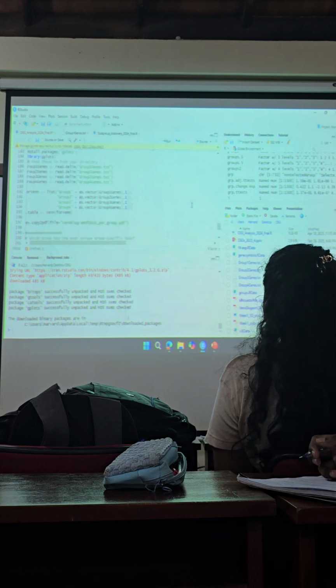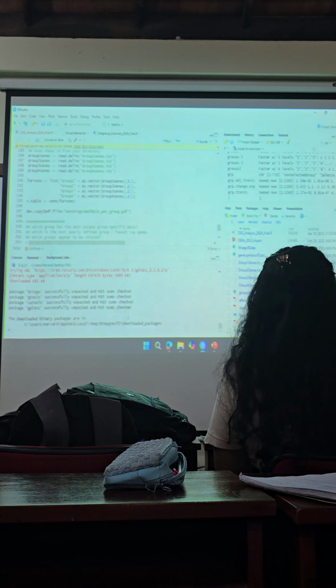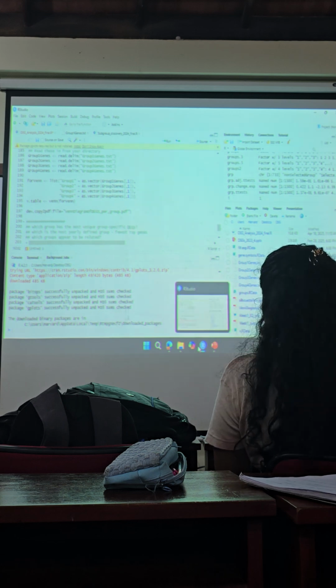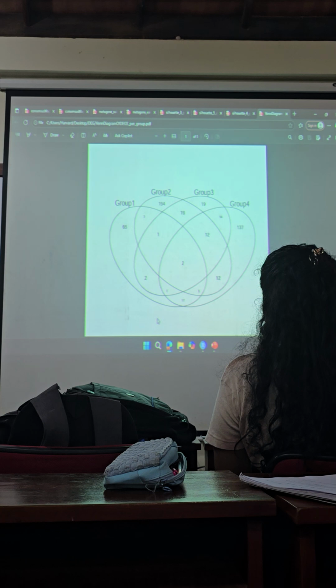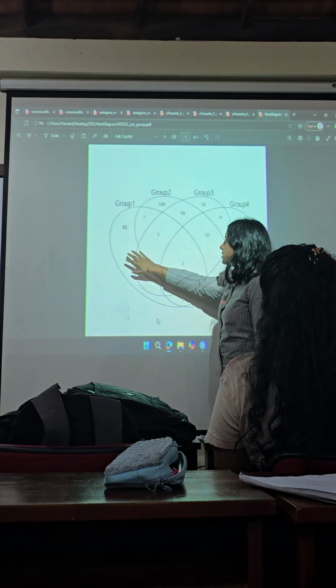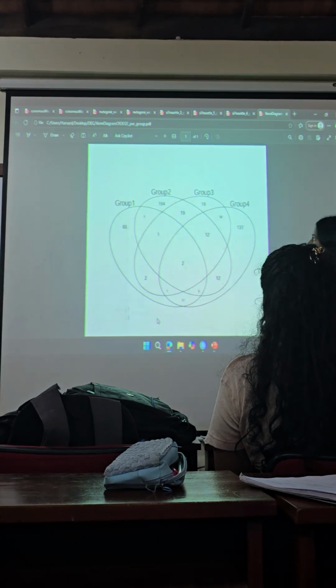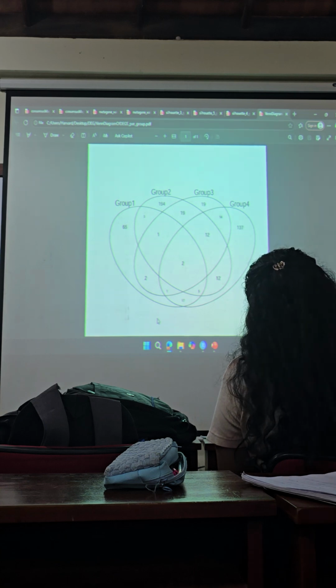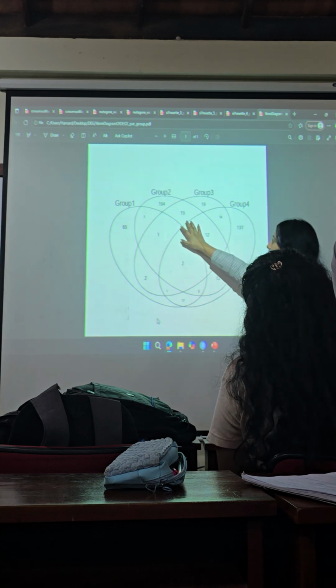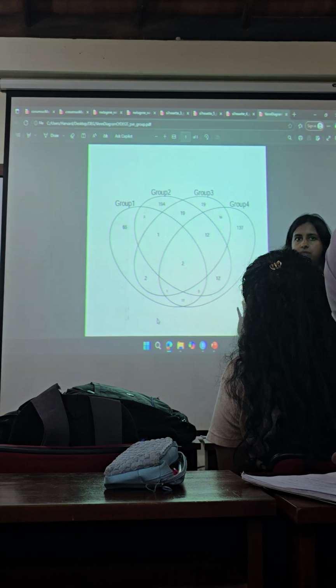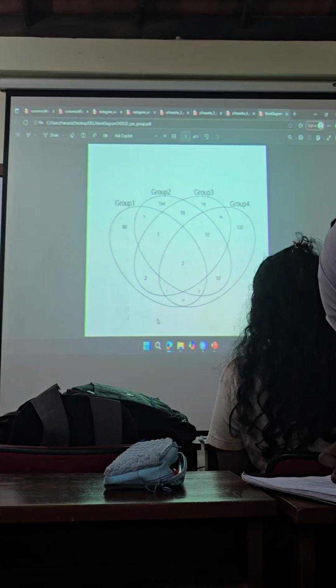And then we drew the Venn diagram. Okay? So now here you just have to see how many genes are uniquely expressed for each group and which groups have the most common genes, right?